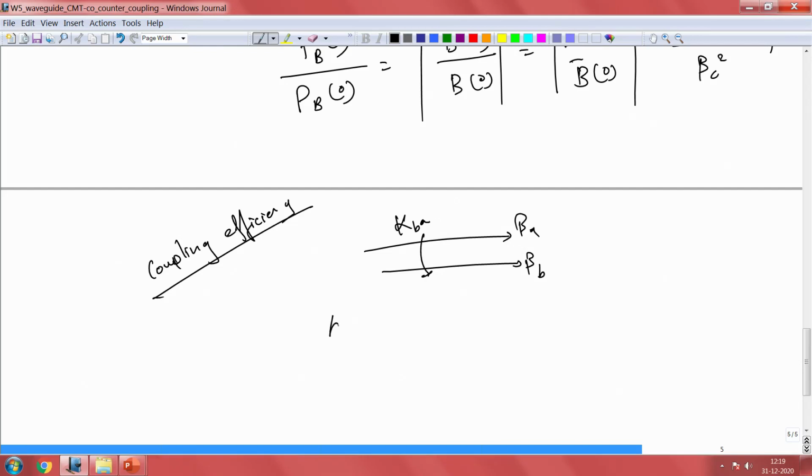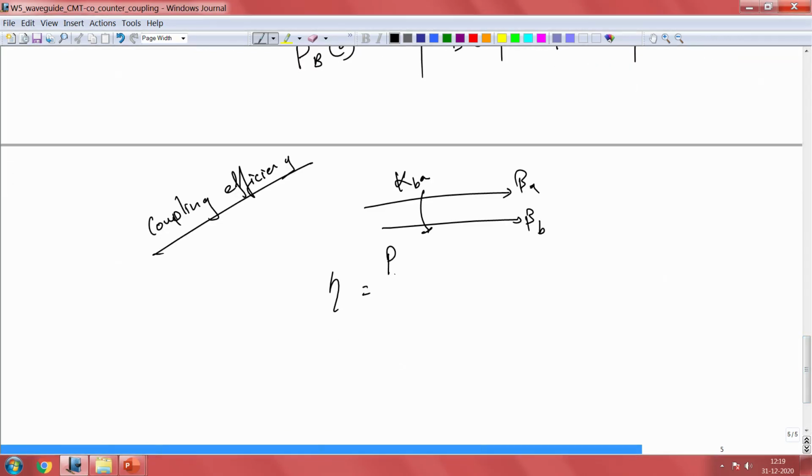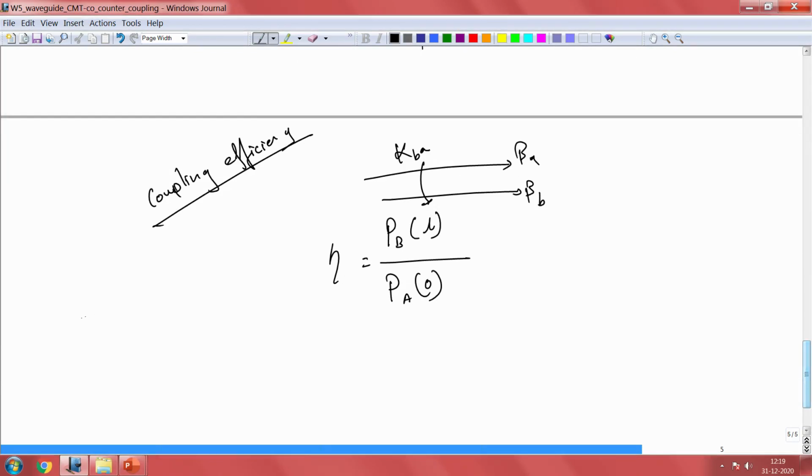So, that coupling efficiency eta is given by the power that we have in B at a certain length over power of A when we started, right. So, we started with, let us say, A and B, right, B was not there at all, right.